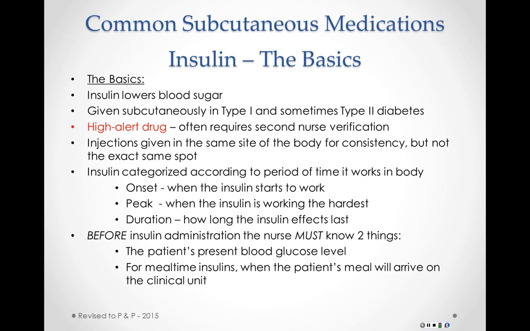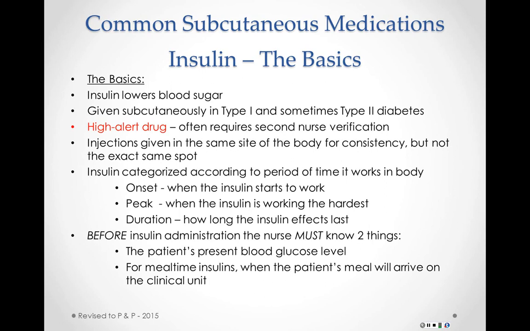Understanding these parameters is imperative to patient safety, as the timing of an insulin injection is critical to its correct administration. The nurse plans insulin injection times based on blood glucose levels and when a patient will eat.